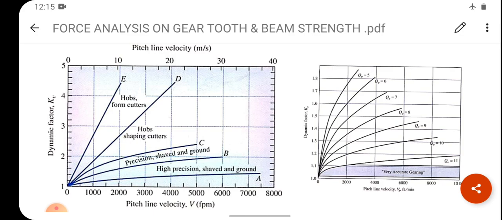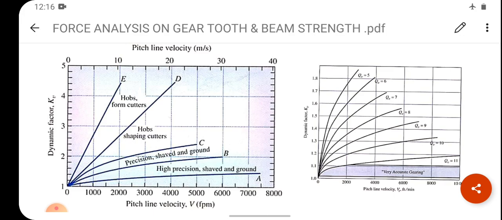As per Hobbs form cutters, there will be a curve drawn E. As per Hobbs shaping cutters, D. These are the different types of gear graphs for dynamic factor in case of different manufacturing operations which are used during manufacturing of the gear. So I am starting A, B, C, D, E. A is the high precision shaped and ground, B is the precision shaped and ground, C is the Hobbs shaping cutter, and so on. So from this diagram you can find out KV factor.